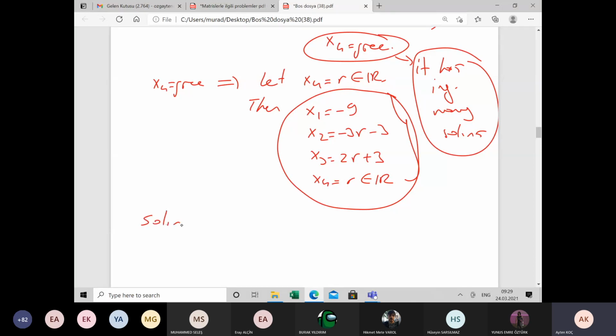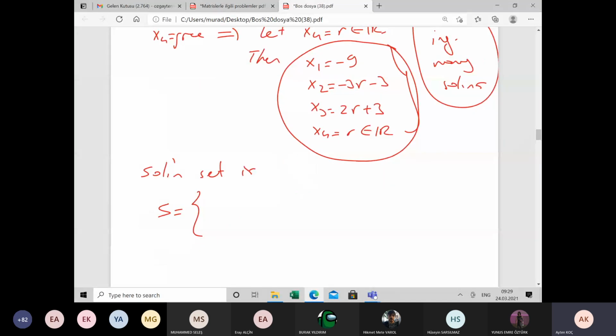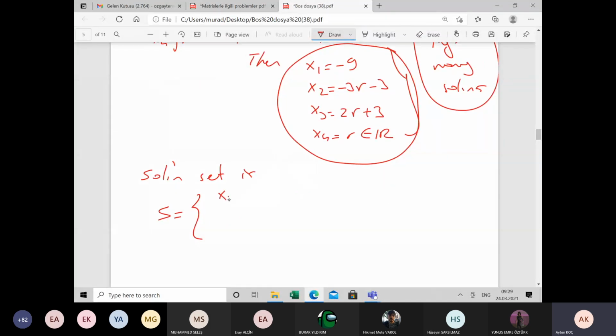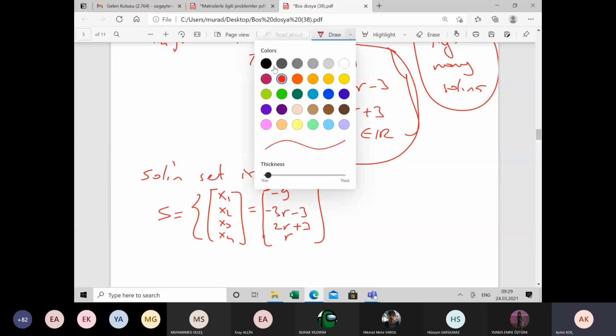The solution set is denoted by S. Write x1, x2, x3, x4: minus 9, minus 3r minus 3, 2r plus 3, r. It's okay. Rewrite this by looking at the coefficient of r.